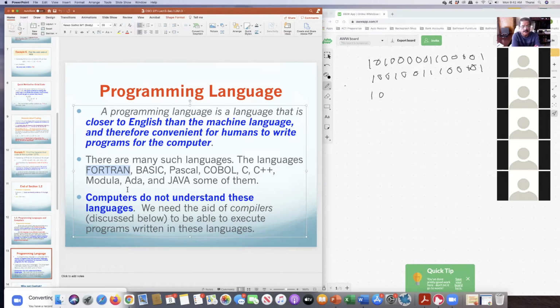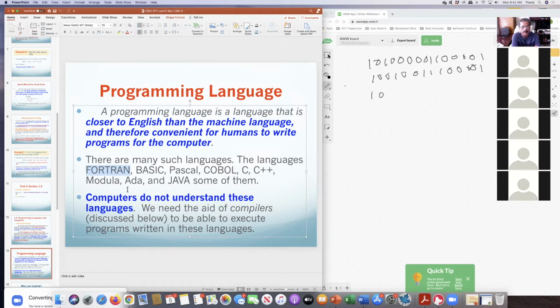And then C++ is just an improvement of C, where object-oriented programming, a modern idea, was added to the original language C. It's that object-oriented programming idea that has led to Windows programming, where you can use icons and menus and all that. That became possible only after the object-oriented programming idea was incorporated in the programming languages.